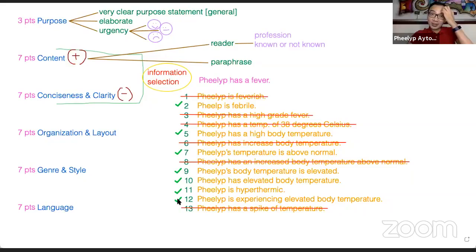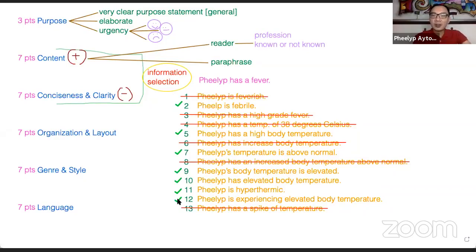So, madali ba magkamali? Medyo. Yeah. Kinda tricky. So clearly based on experience, a lot of people do have difficulties in saying the same thing in different ways.